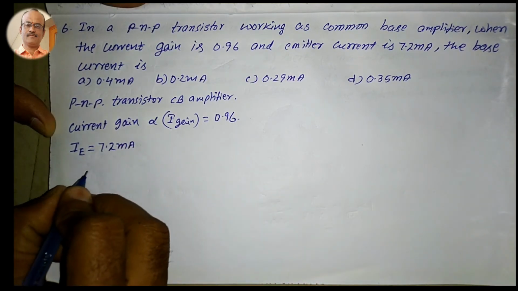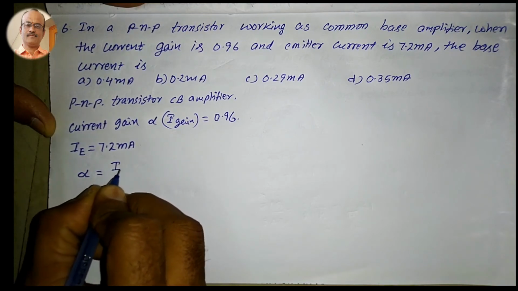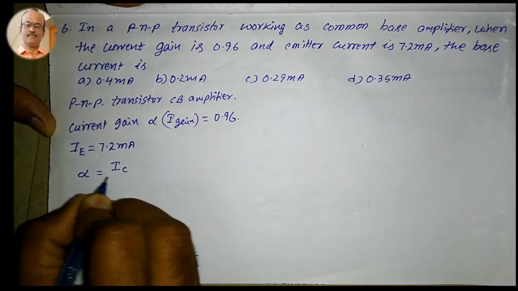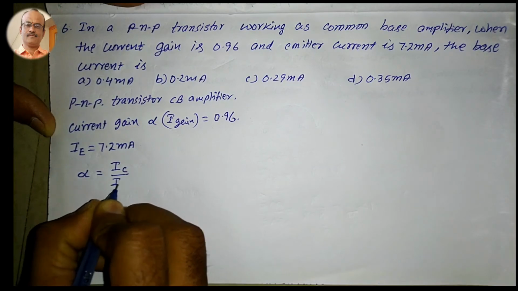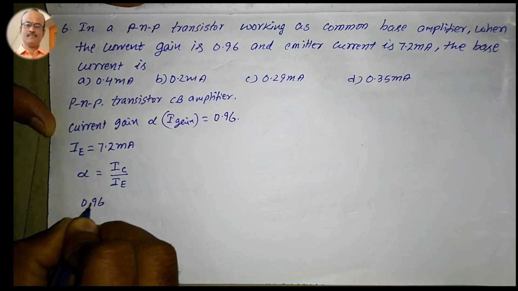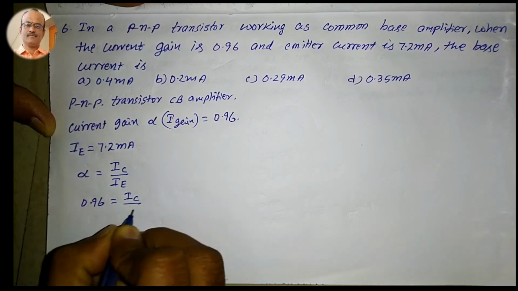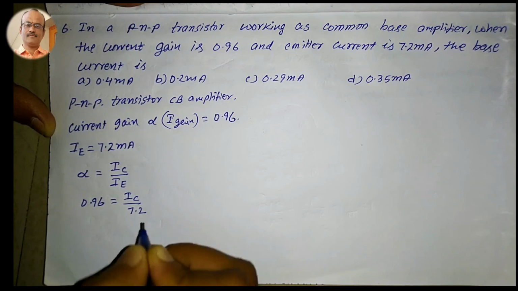So here we know the formula, current gain alpha is equal to current of collector by current of emitter. So that means 0.96 is equal to I collector divided by I emitter, which is how much here? 7.2.